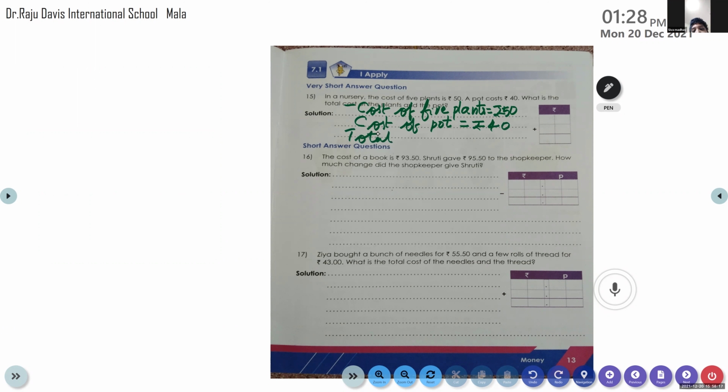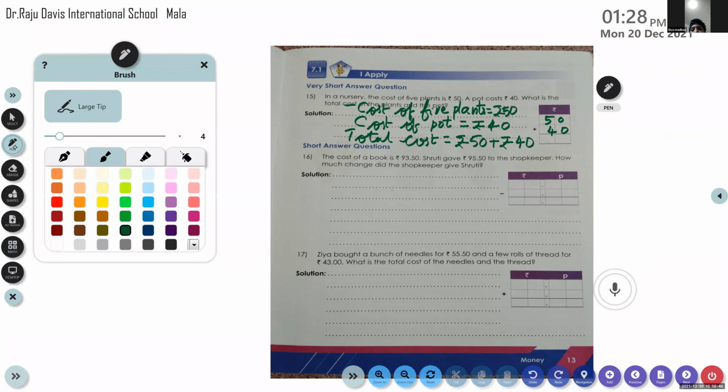Total cost equal to rupees 50 plus rupees 40. So let's write the number here. 50 rupees, 40 rupees. What is the answer? 0 plus 0? 0.